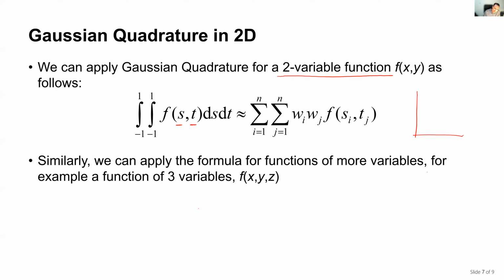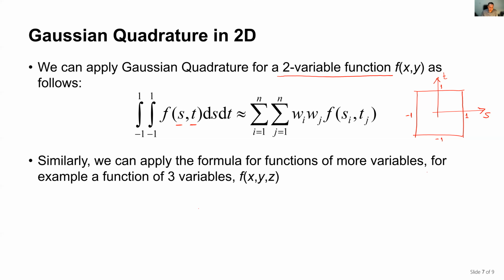So in this case, it is defined like this: from -1 to 1 for let's say s, and from -1 to 1 for variable t.